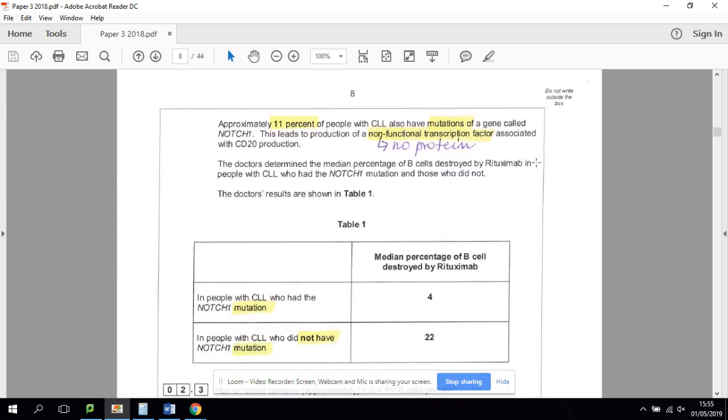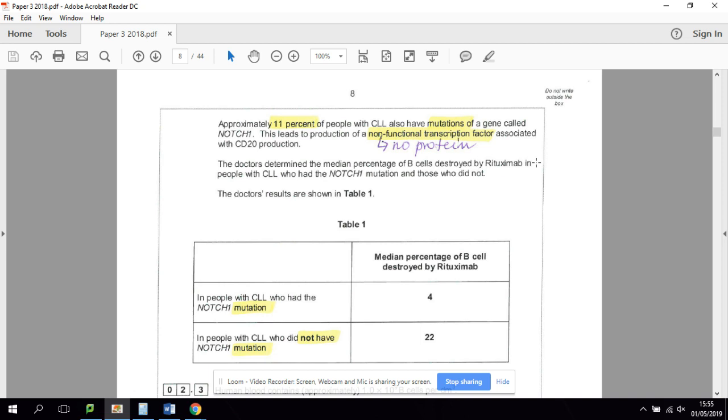The next question tells you that approximately 11% of people with CLL also have mutations of a gene called NOTCH1, and this leads to a non-functional transcription factor. If it's a non-functional transcription factor, that means transcription is not taking place, so you do not produce the proteins.